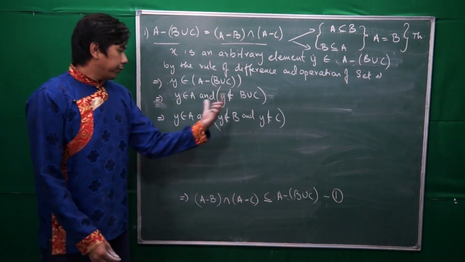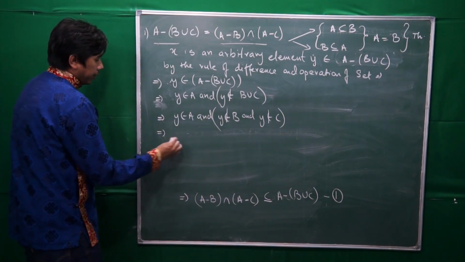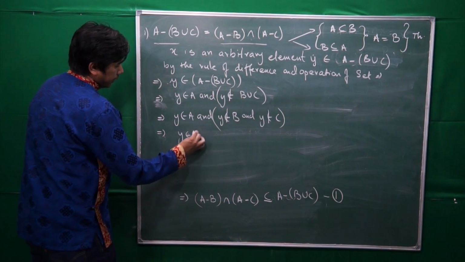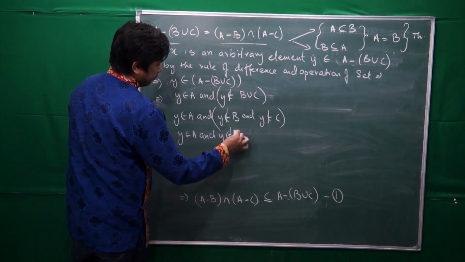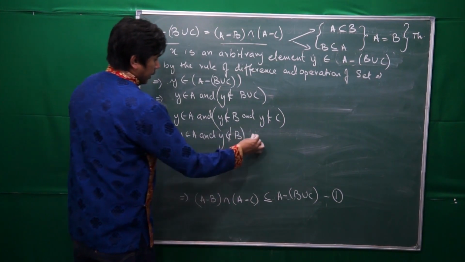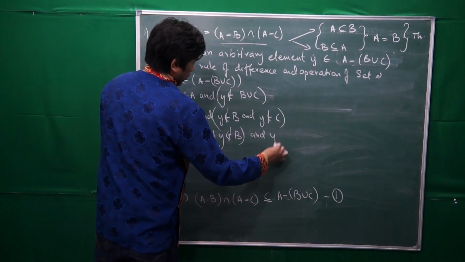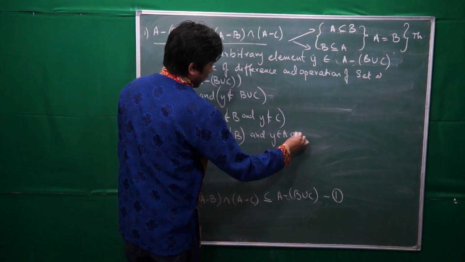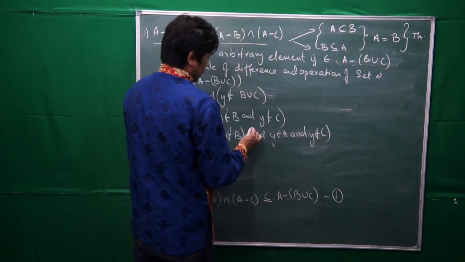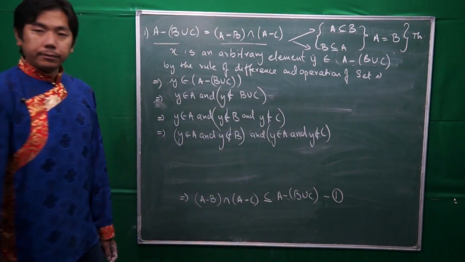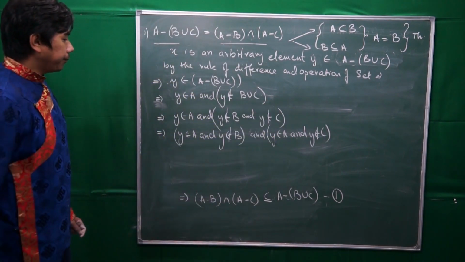Now if you open the brackets, what do we get? Y belongs to A and Y does not belong to B, and Y belongs to A and Y does not belong to C. Simple.